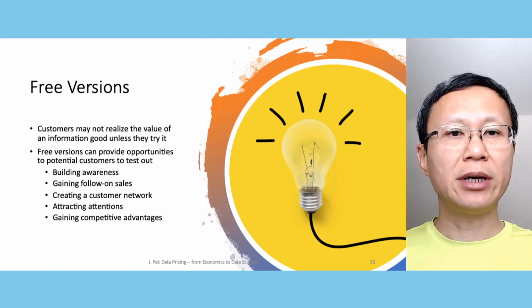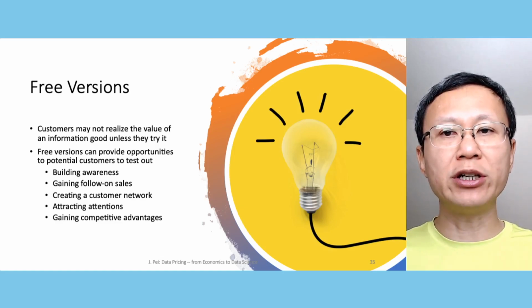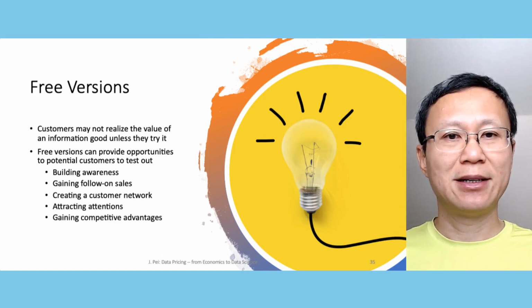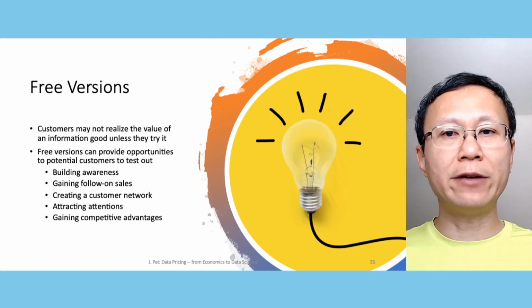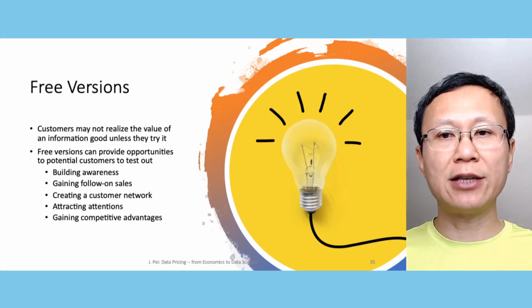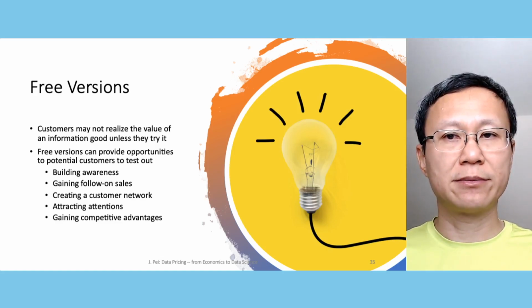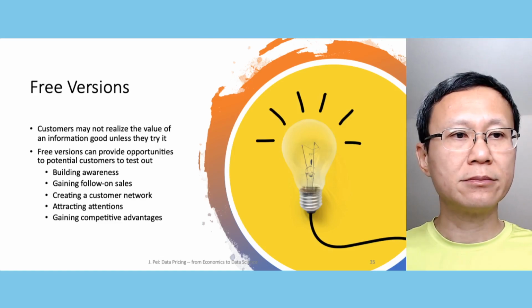The rationale here is that the free versions can provide opportunities to potential customers to test out. The objectives of offering free versions include building awareness, gaining follow-on sales, creating a customer network, attracting attention, and gaining competitive advantages.